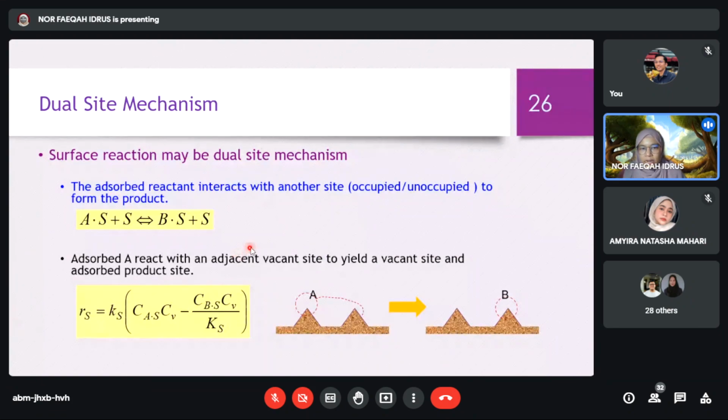The surface reaction is what you learned earlier in Reaction 1. The difference is that the reaction occurs on the active site of the catalyst, because this is a catalytic reaction for gas phase.